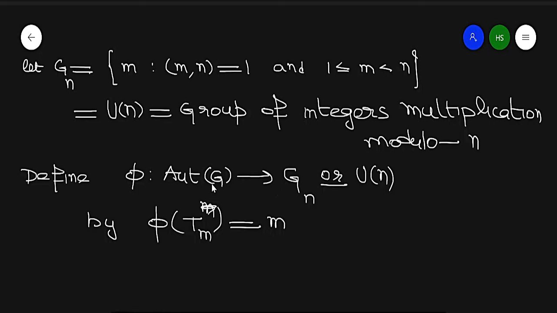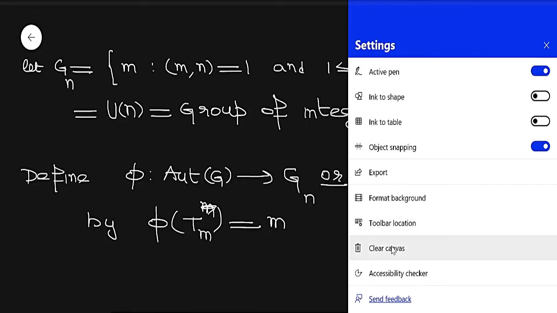Now to prove this is an isomorphism, we prove that it is a homomorphism, then one-one, and then onto.